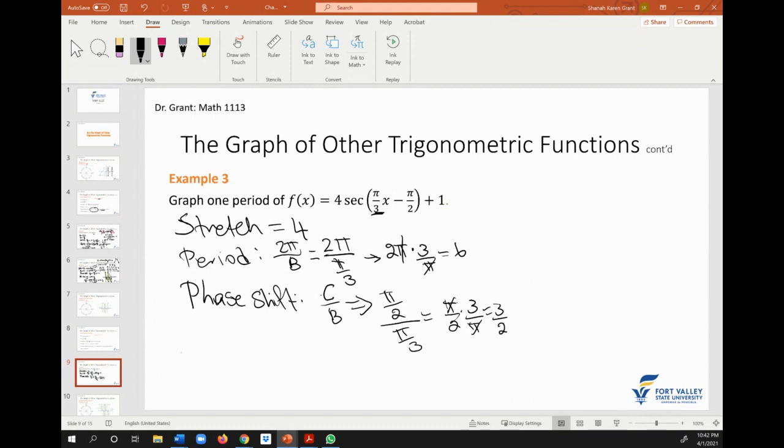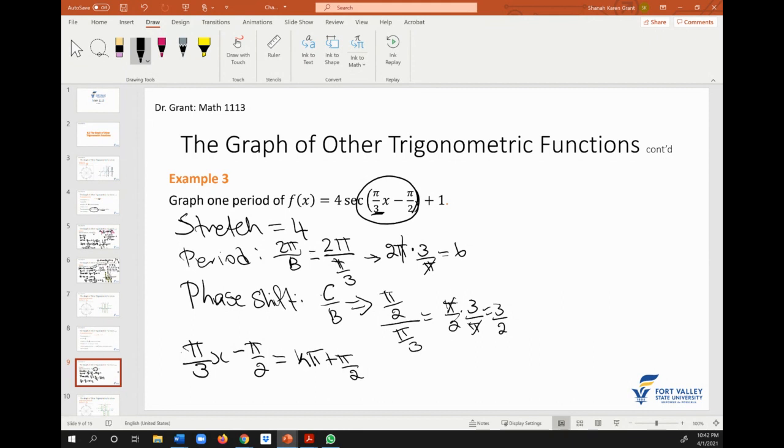What I want to look at now is my asymptotes. So to find my asymptotes, we're going to set what's inside of here equal to k pi plus pi/2. So we have pi/3 x minus pi/2 equal to k pi plus pi/2. And we solve for x.